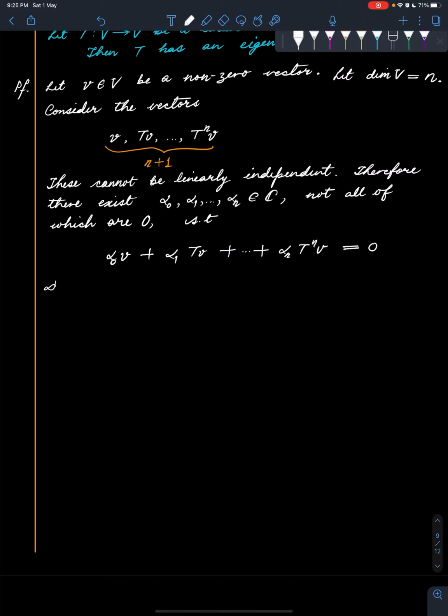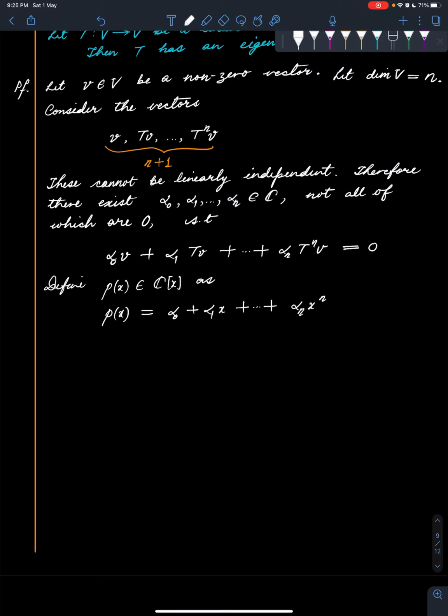So define P(x), a polynomial over C, as P(x) equals alpha 0 plus alpha 1 x plus dot dot dot alpha n x to the n.